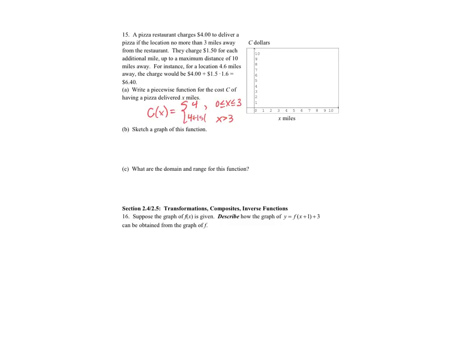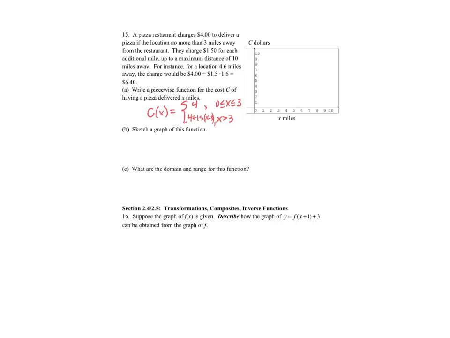For instance, if I'm 5 miles away, then I would do 5 minus the original 3 miles, and I'd have 2 additional miles. So what we're doing there is x minus 3 to figure out how many additional miles we are adding, and that number of additional miles is going to be multiplied by the $1.50. And so that is our function there.